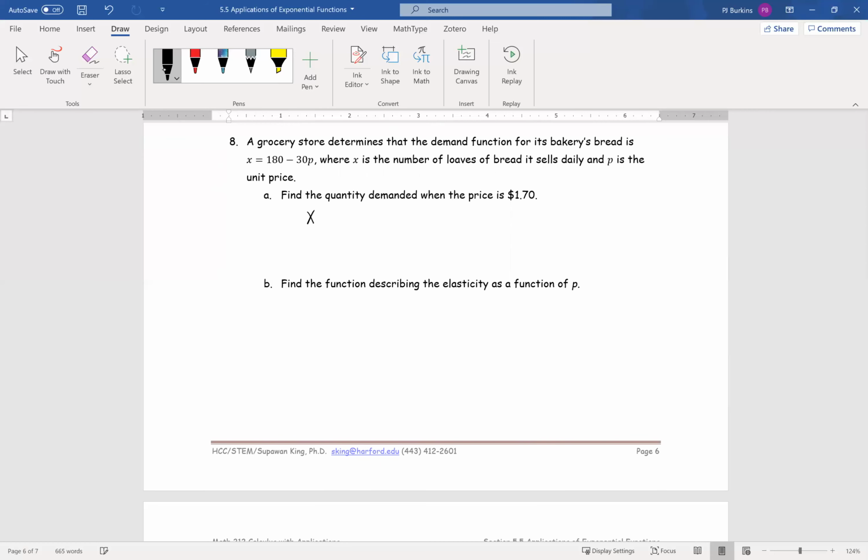We just need to plug that in. So we have 180 minus 30 times 1.70. So that's 180 minus 51, which comes out as 129.